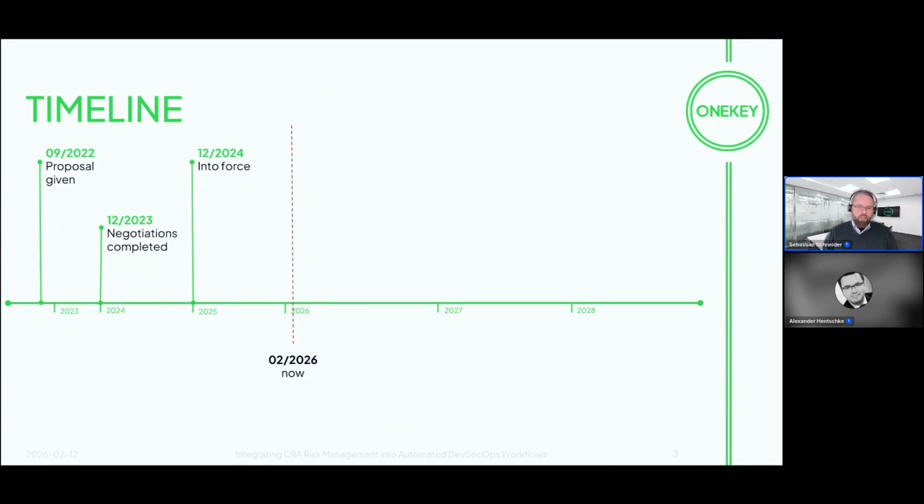The next milestone that we are seeing is in the summer. Here the notified bodies have to get ready with a certification scheme to be able to make assessments for products with digital elements.